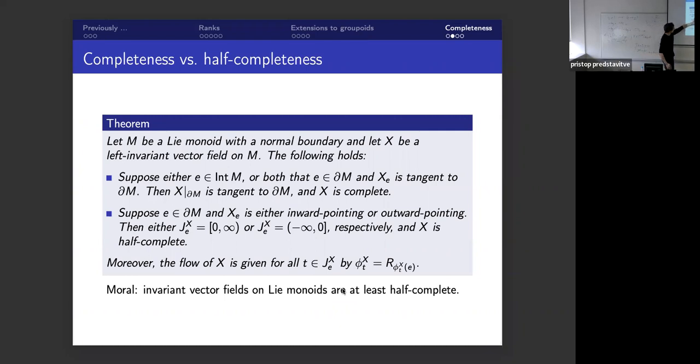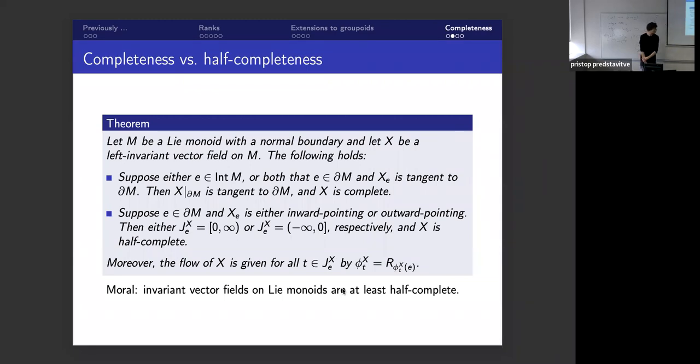If we have the unit lying in the interior of our monoid, or we have both that the second condition holds and that X_E is tangent to the boundary, then the left invariant vector field is going to be tangent to the boundary at all boundary points, and it's going to be complete. This is the first scenario that generalizes, and also includes Lie groups.